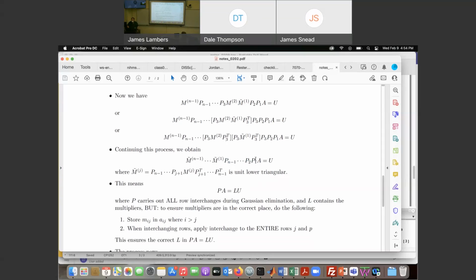Because when we're actually working the process, we have a row interchange and then a type 3 operation. I'm struggling to think of the words here, so I'm just going to use type 1 and type 3 operations. So we've got a type 1, then a type 3, then a type 1, then a type 3.